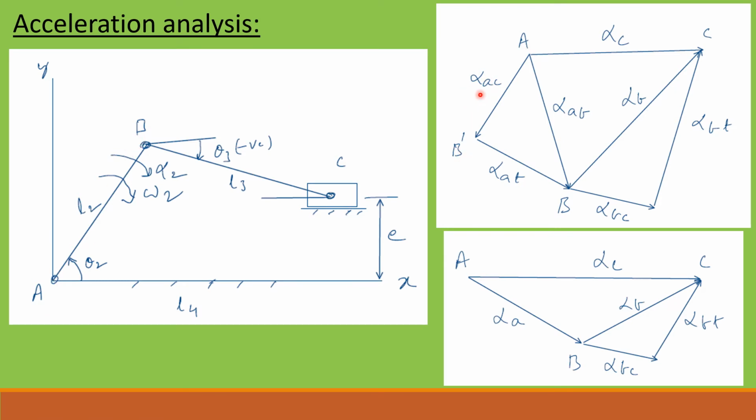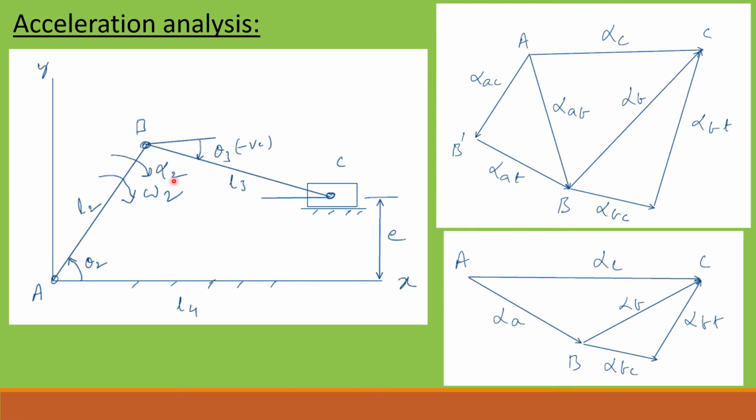So that is called centripetal acceleration of crank, and draw another line that is perpendicular to AB. So that is the tangential acceleration of crank. So joining line A and B, we can find alpha AB, that is acceleration of crank AB.